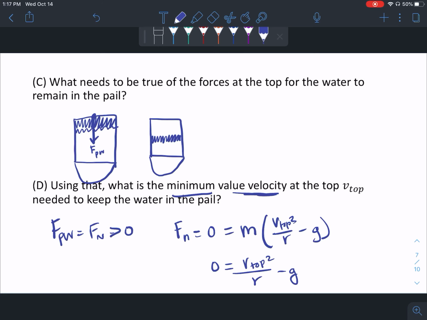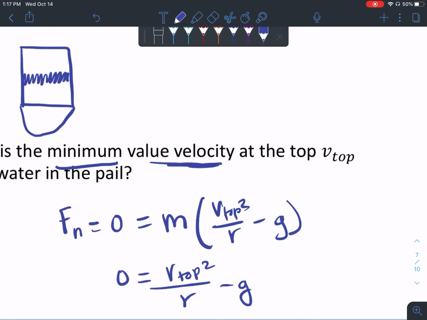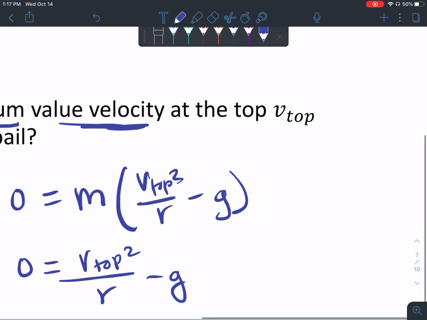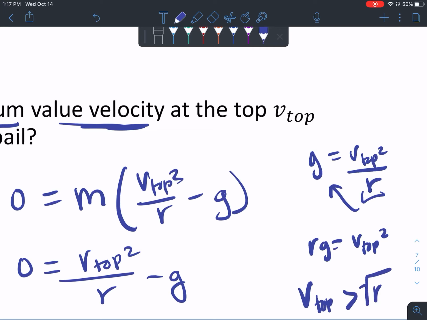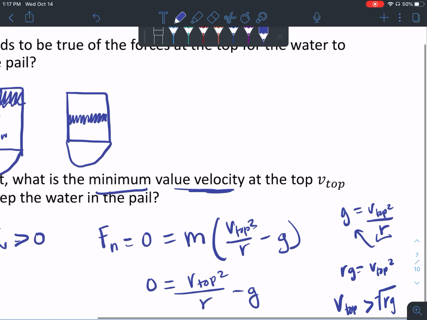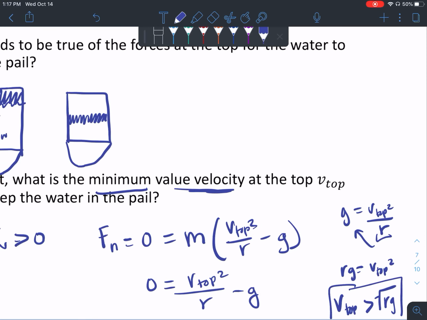Let me zoom in so I can write a little bit more. I can bring the g over, which gives me g equals v at the top squared over r. We now bring the r up, so we get rg equals v at the top squared. So we would say v at the top has to be greater than the square root of rg. So the minimum value would just be the square root of rg.